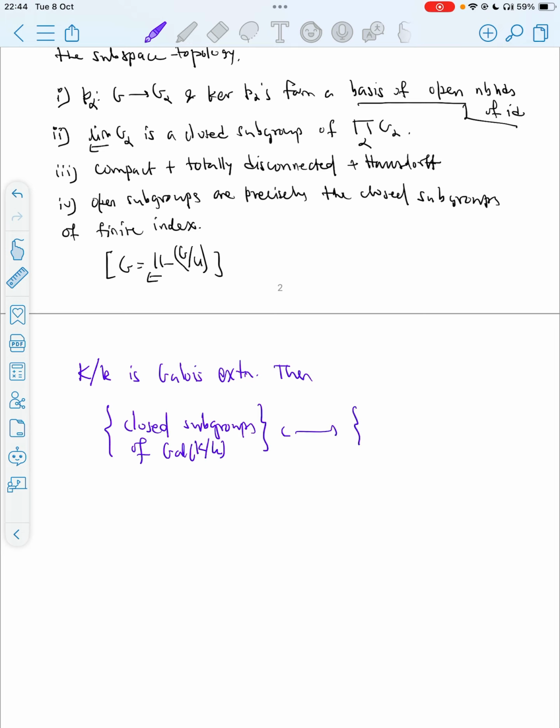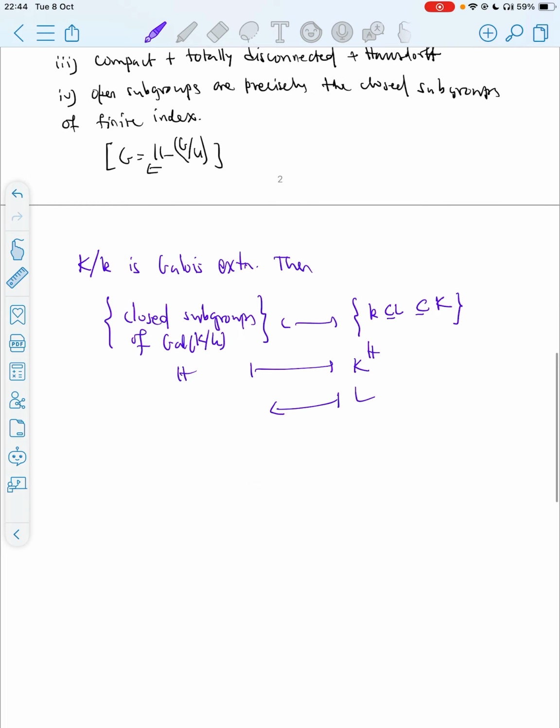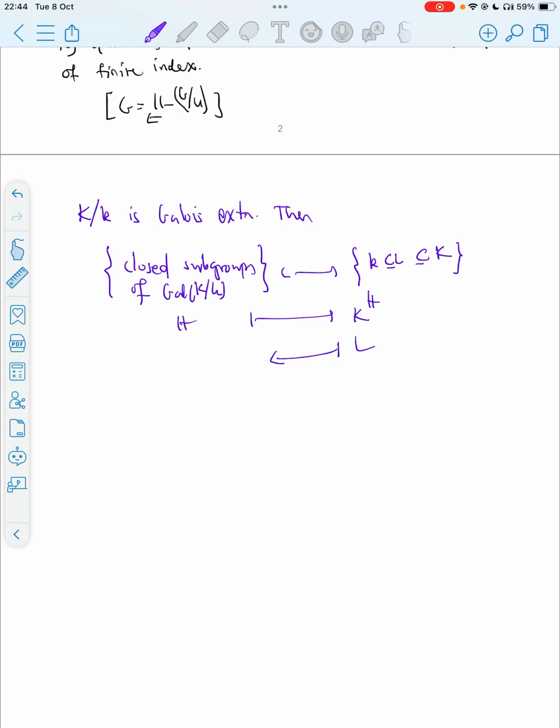The other side remains the same, so these are sub-extensions or intermediate extensions. Okay. So what we need now is the maps, right? In one direction the map is the same as the finite case. So we need a map in the other direction. Given an intermediate extension, how do you associate a subgroup with it? So that's the fundamental theorem.